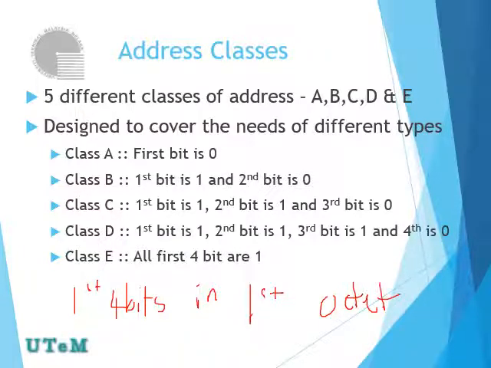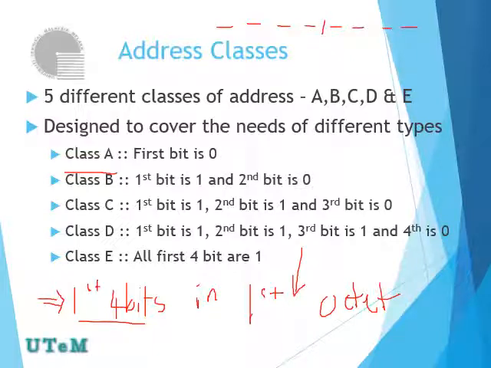Okay, so this is the key point. Look at the first 4 bits in the first octet, because you are given 4 octets. Each IP will be represented in 4 octets. So look at the first octet, the first 4 bits. If you want to identify class A, look at the first octet, 1, 2, 3, 4, 5, 6, 7, 8.